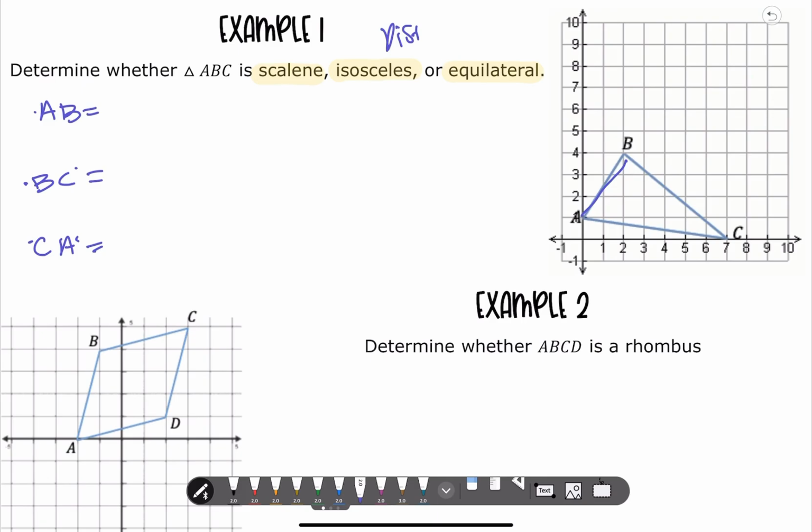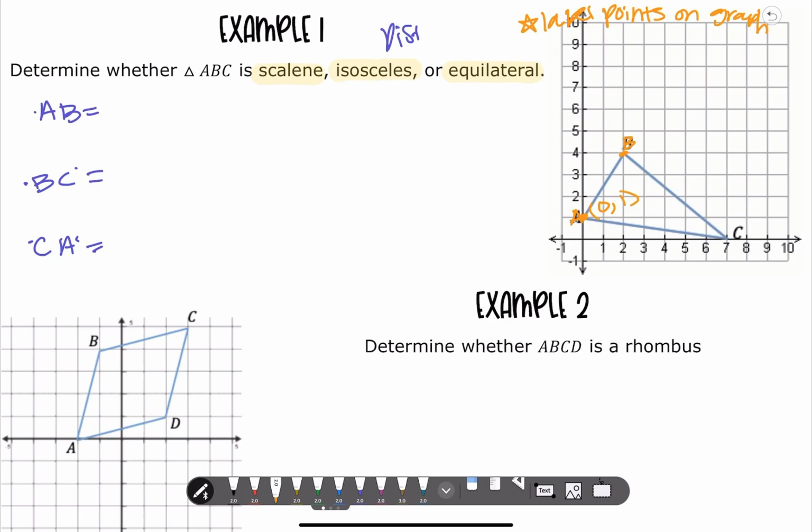Now, you'll notice that in this one, they didn't give you points. They gave you the graph. So your first step is always going to be to label points on the graph. This is beneficial because you don't want to do that every single time. So A right here is at 0, 1.